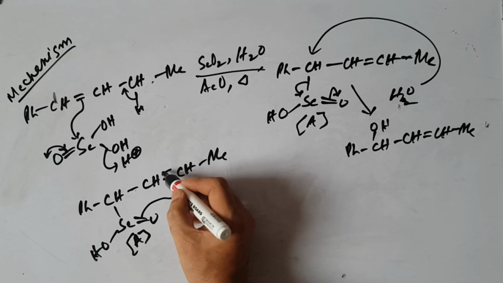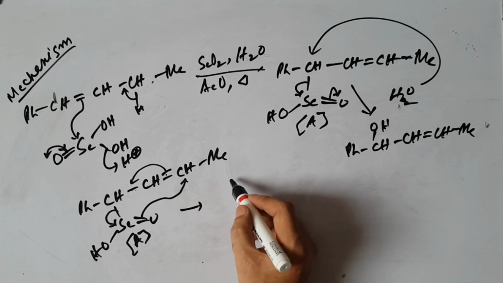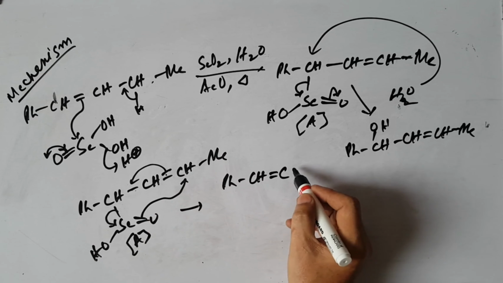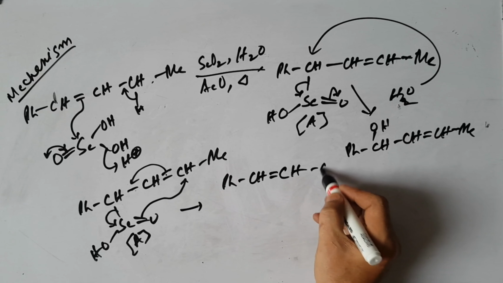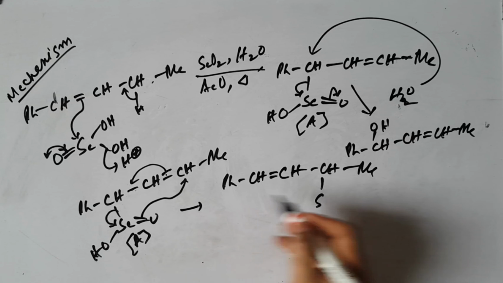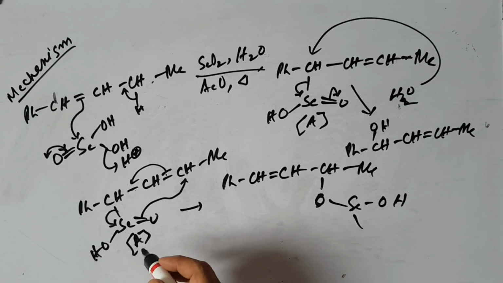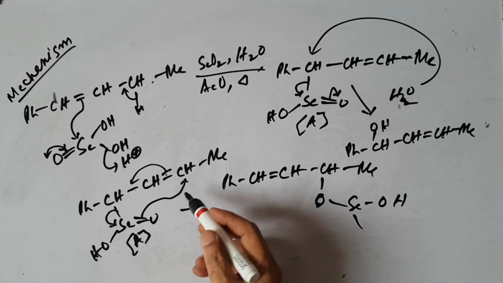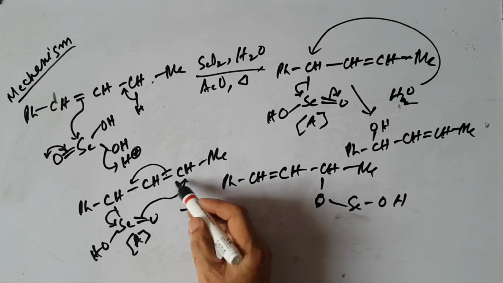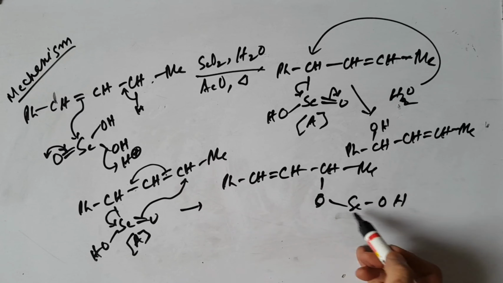So here we got another intermediate: phenyl, CH, double bond, CH, then CH, methyl group here, linked with this selenium through O, SOH. This becomes a double bond, and this link is broken, so it comes like this.